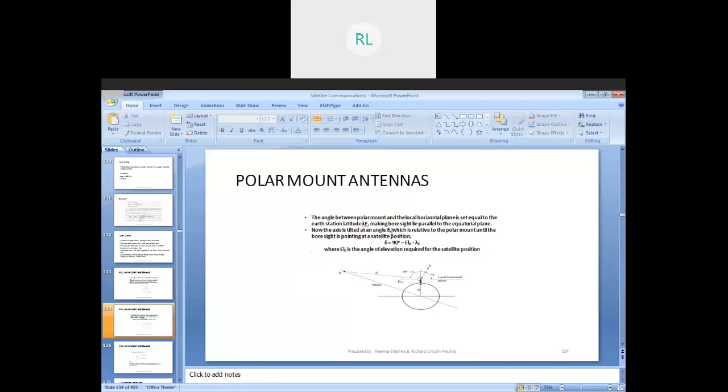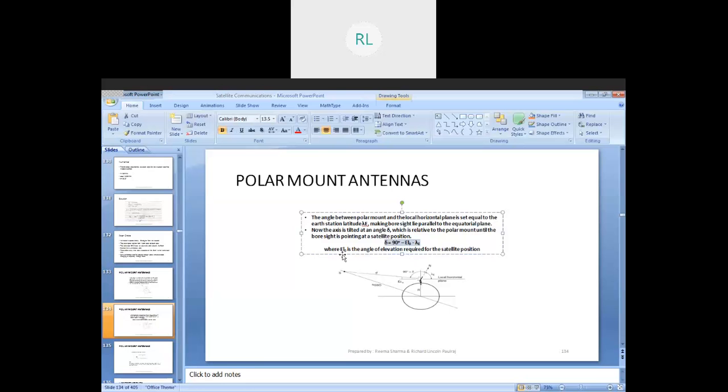You can see here the dish of the antenna is mounted on an axis termed the polar axis, such that the antenna bore sight is normal to the axis. So this is placed in such a way that it is normal to the axis as the earth has rotated a certain degree.